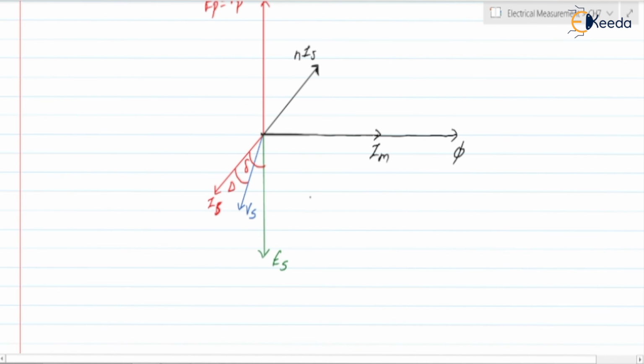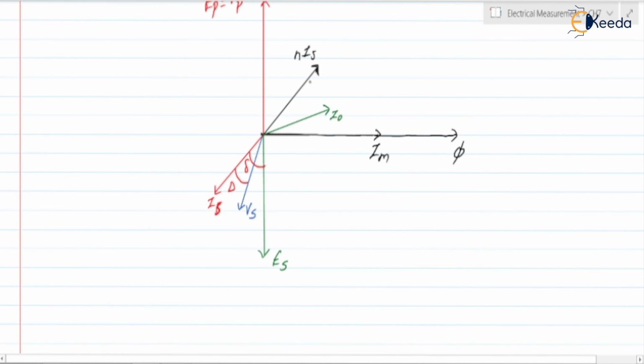Right, next, the transformer draws the current I0 to fulfill the no load losses. So here we will be having the phasor for I0. It will be like this. This is the I0.